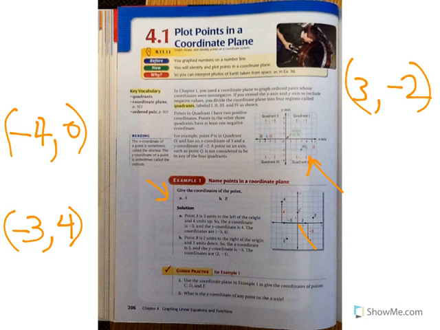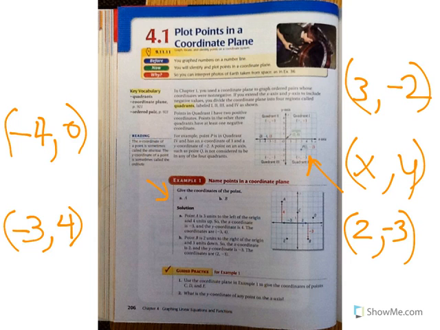The next one is going to be B. And here we're going 2 to the right, so that's positive 2 in the x coordinate. Remember, we always go x first. And then we're going to go down 3, so that's going to be negative 3.